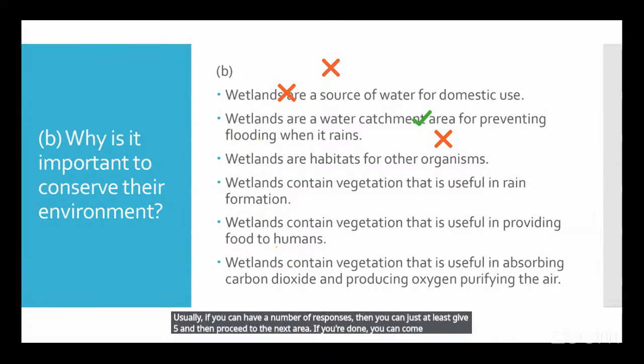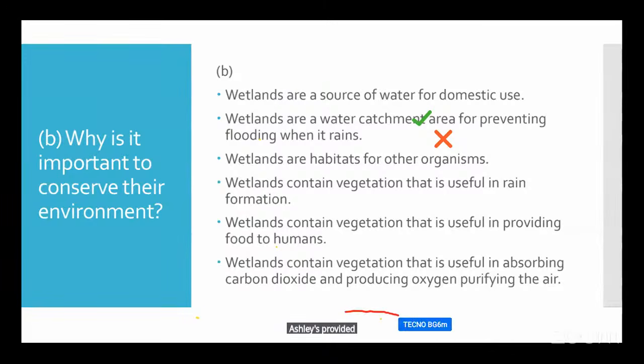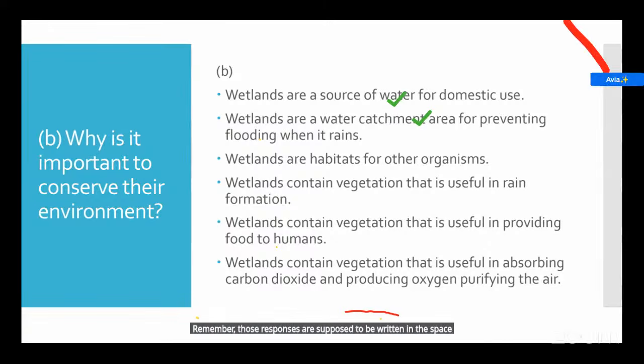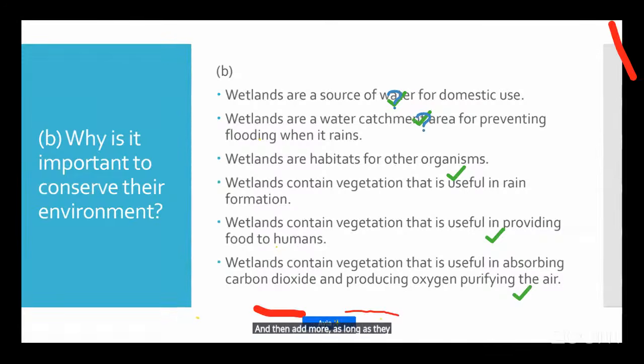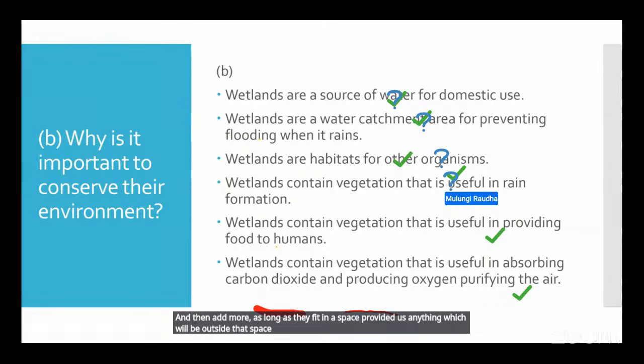Like now, this one, you write on answer sheets provided or booklet, so for them, you can write as many. But for section A, remember those responses are supposed to be written in the space provided. So first write 5, proceed, then after, come back and add more, as long as they fit in the space provided, because anything outside that space may not be scored.